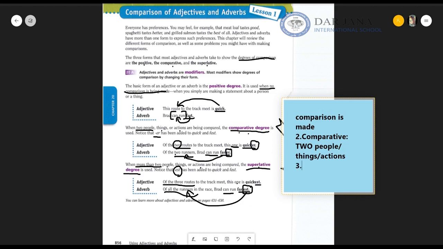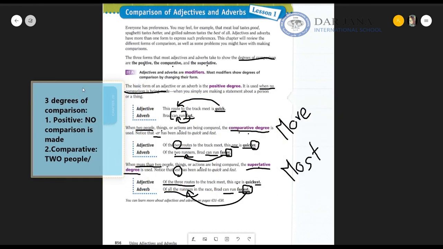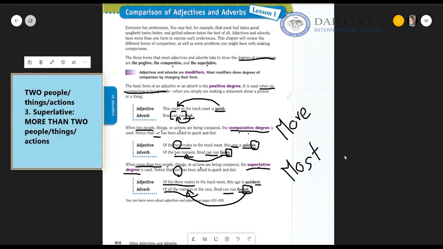And the third one is superlative, where more than two people, things, or actions are compared. Okay, so I'm gonna leave this note over here. This is the first part of the lesson.